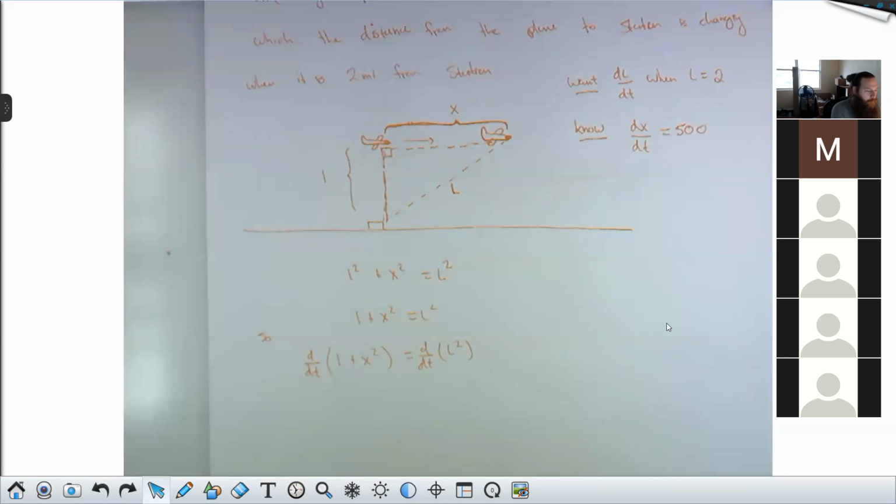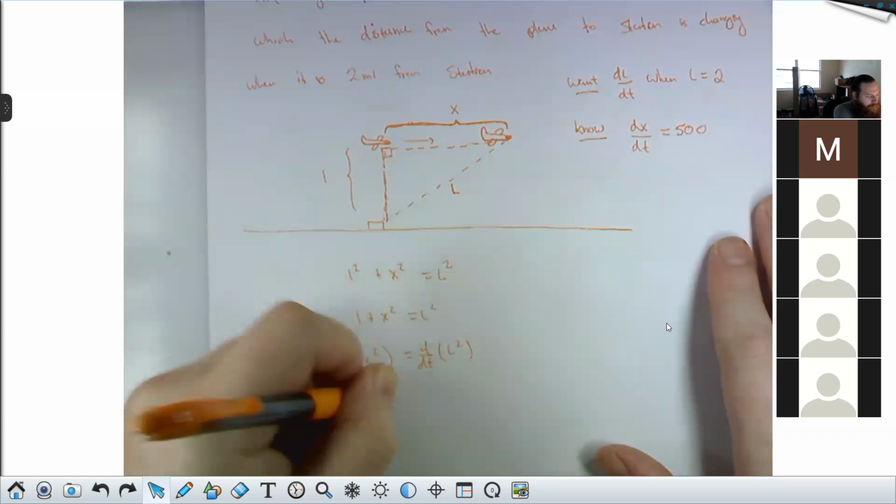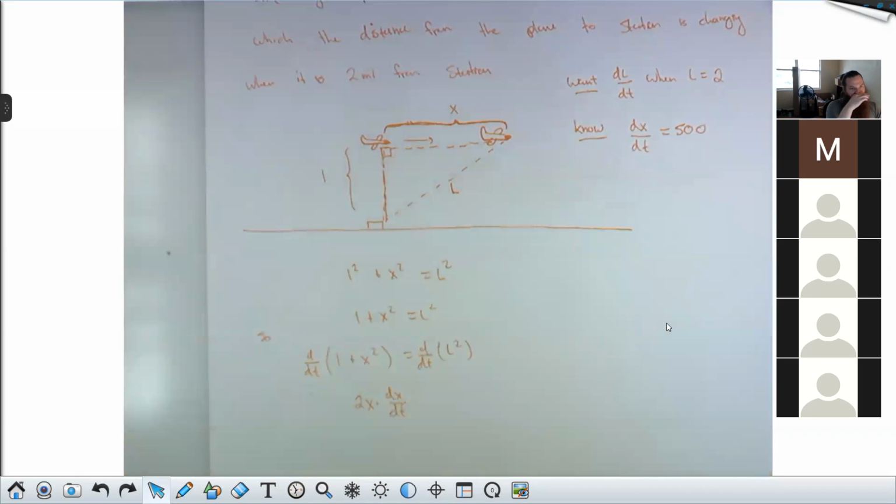Perfect. If this was d/dx, then we would just have 2x. But it's d/dt. So we're differentiating implicitly here with respect to t.